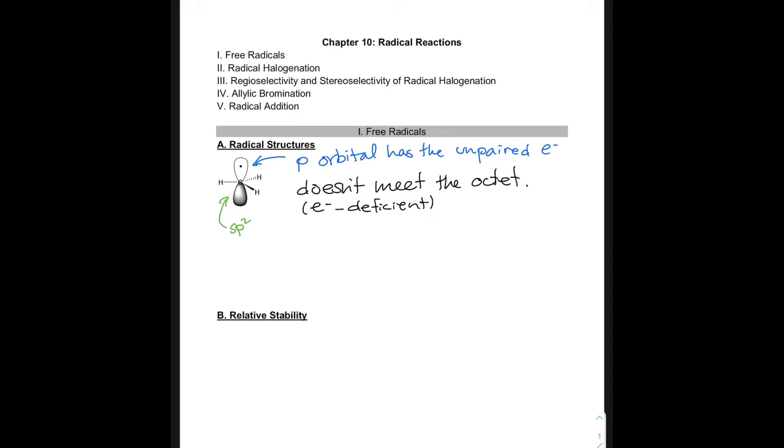For instance, let's think about this radical that's better than a methyl radical. This would be a primary radical.